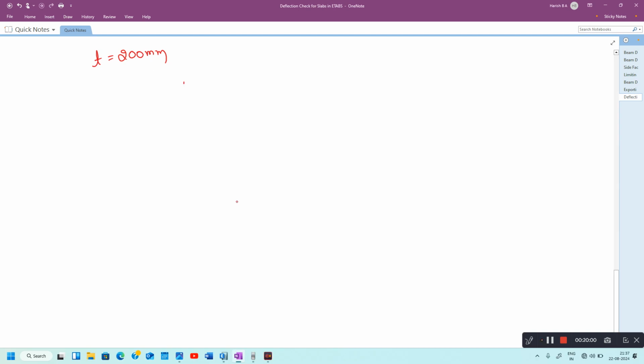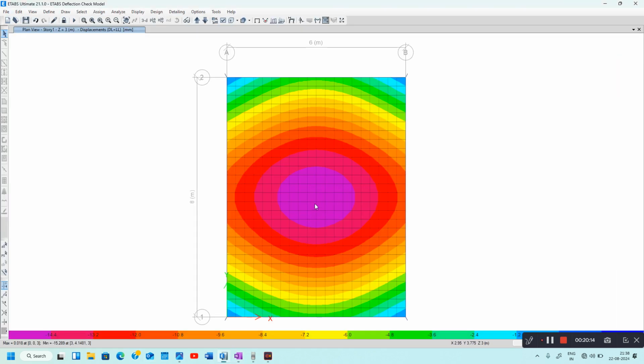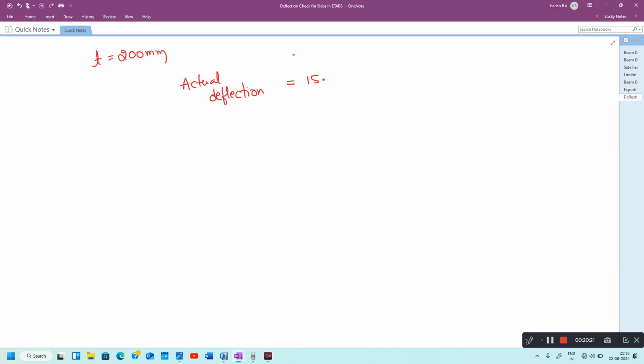In this case, the actual deflection is, let me note it, 15.289. So this is the actual deflection.